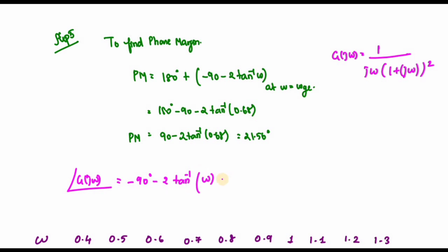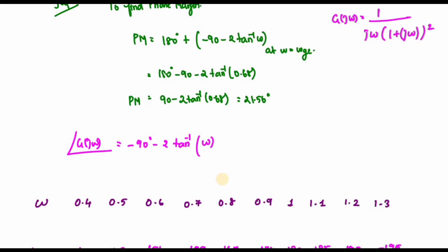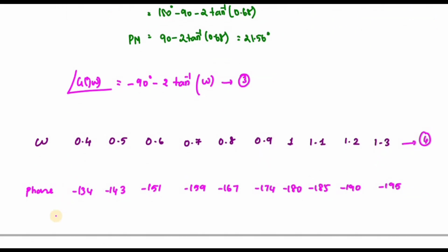Okay, so if I substitute with the help of the formula omega = 0.4, 0.5, 0.6, 0.7, 0.8, 0.9, 1, 1.1, 1.2, and 1.3 in this equation, you will get the phase of G(j omega).